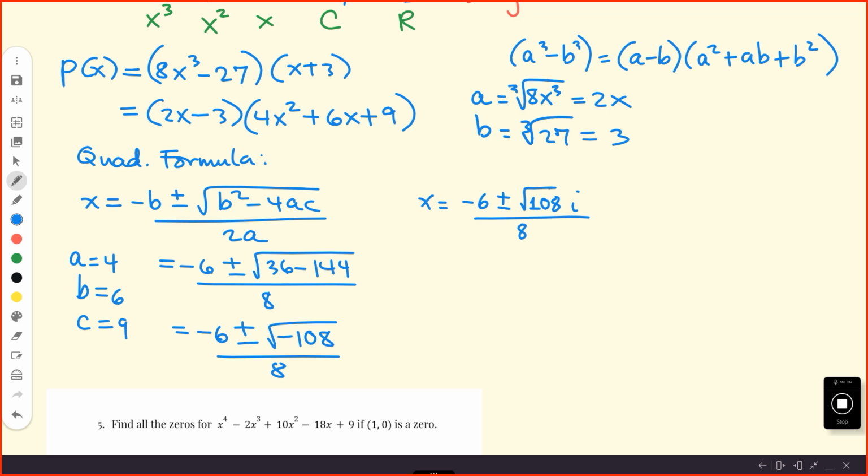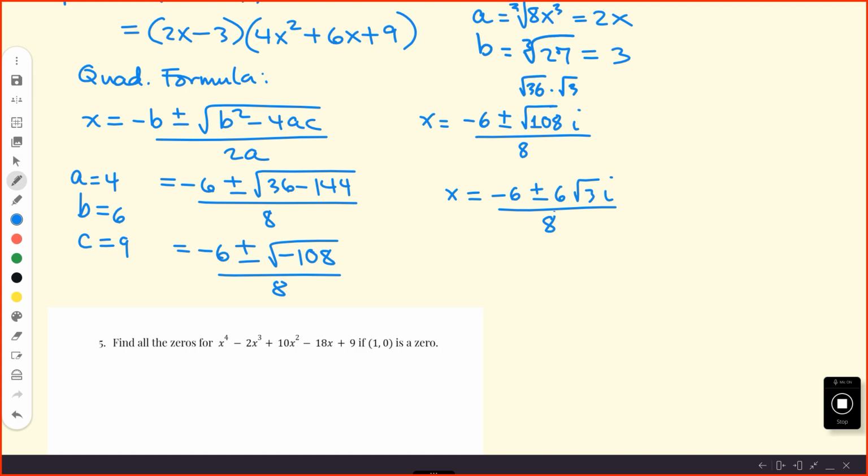So I can write this as the square root of 36 times the square root of 3, since 36 times 3 is 108. The square root of 36 is a perfect square, so that's 6. So I can write this as negative 6 plus or minus 6 square root of 3 i, all over 8. Then we can simplify.